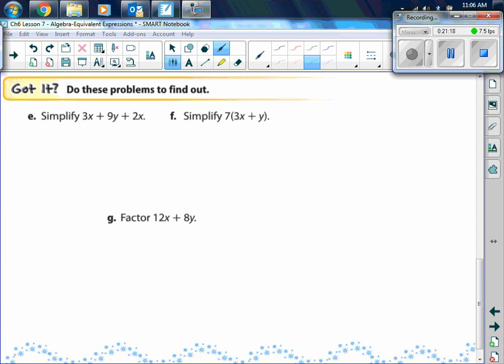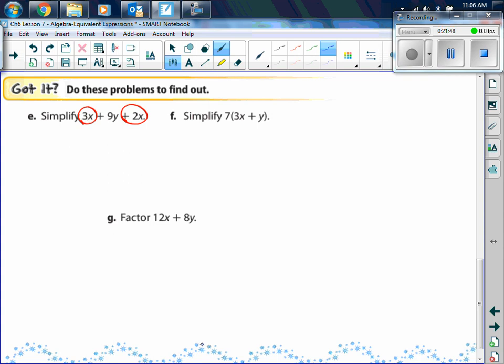So let's simplify problem E. Simplify 3x plus 9y plus 2x. Okay? So on this one, I'm going to go ahead and say that we're just going to circle our like terms. Okay? So what are the like terms here? 3x and 2x. Okay. So we've got a 3x and we have a positive 2x.